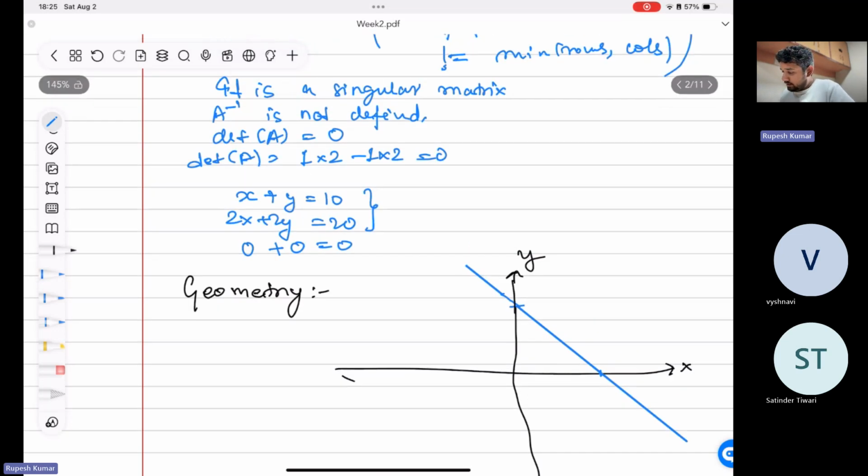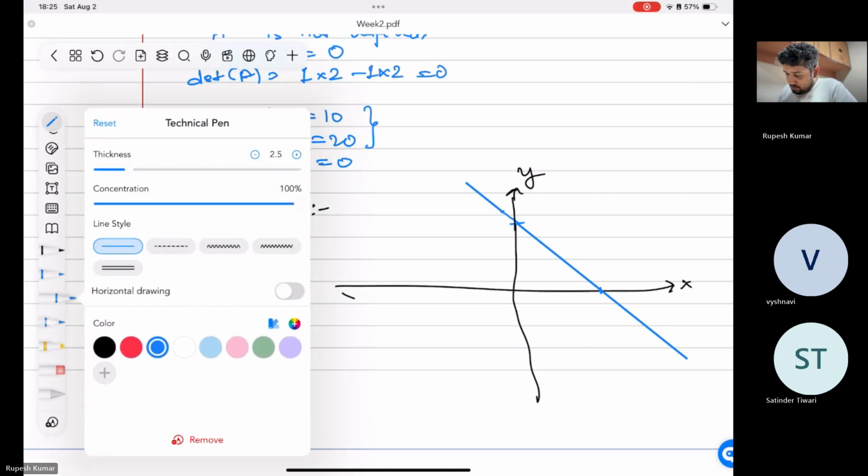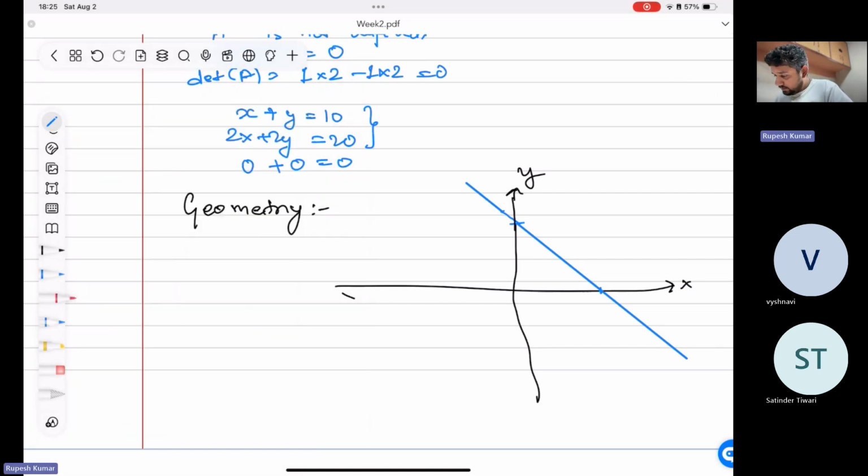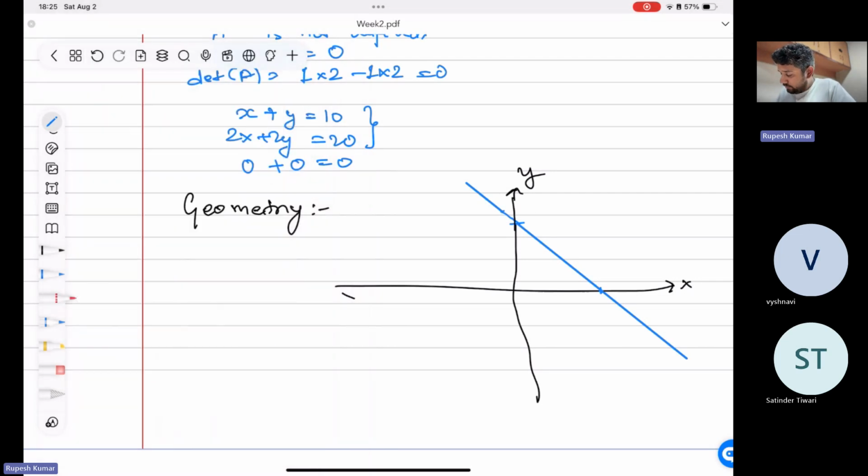Let me take the red color as the second line, and let me plot a dotted line, right? So let's say this is the first line that says x plus y equals 10.